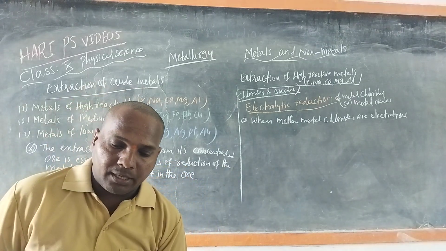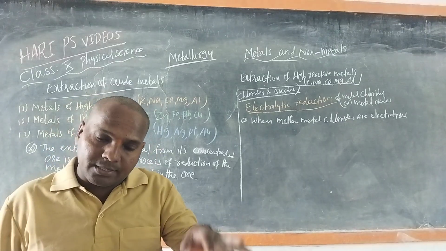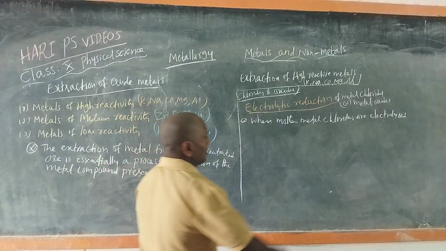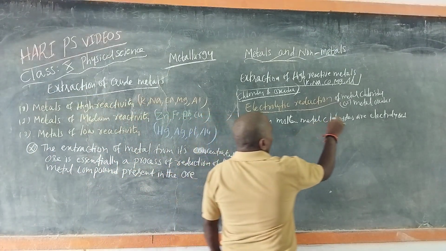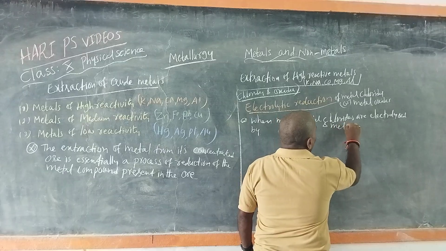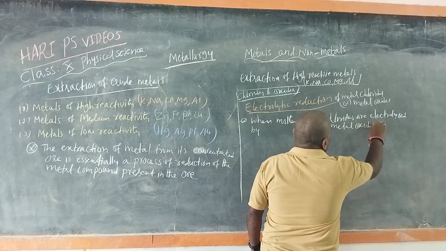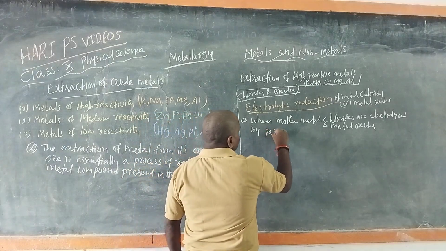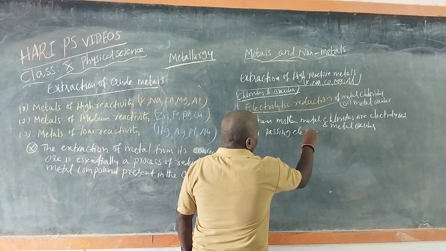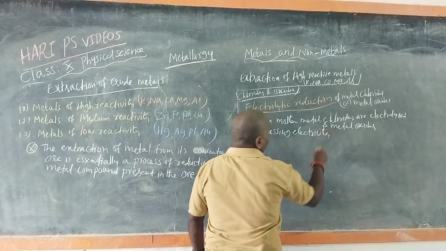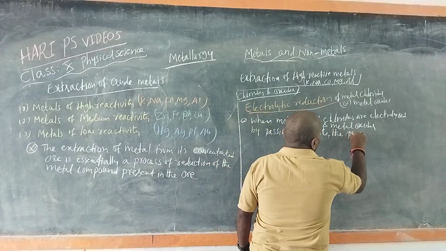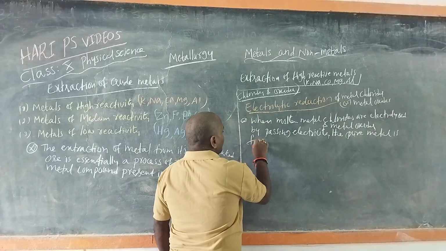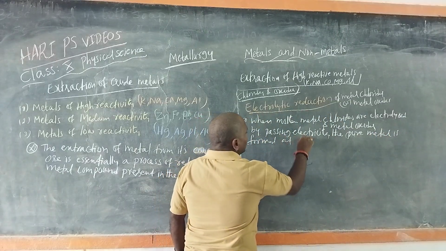So when molten metal oxides or metal chlorides are electrolyzed by passing electric current, the pure metal is formed at the cathode.